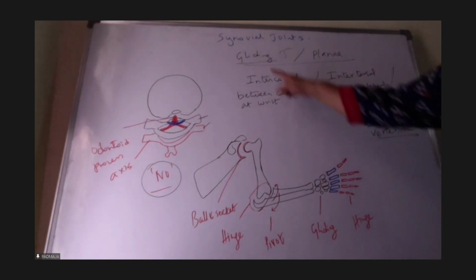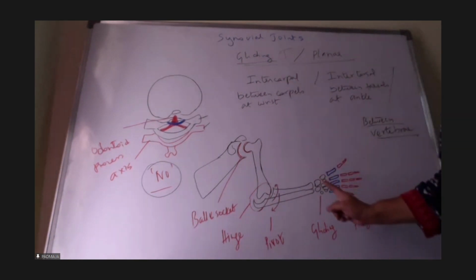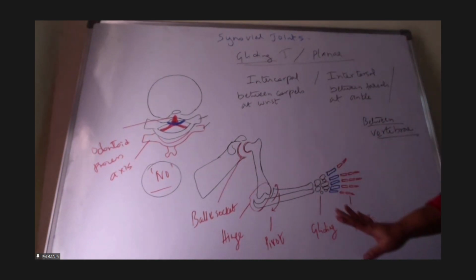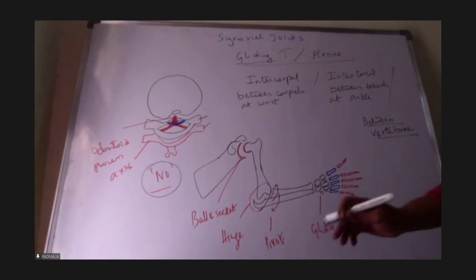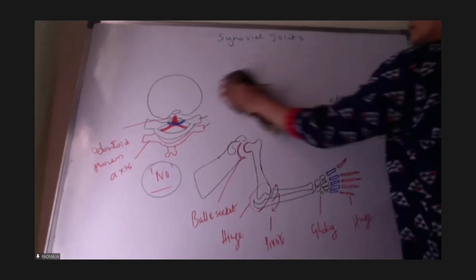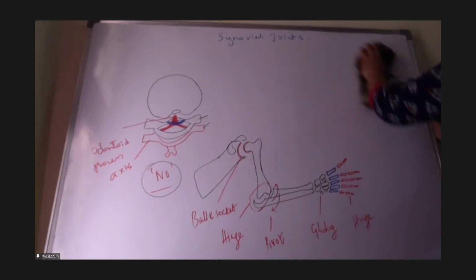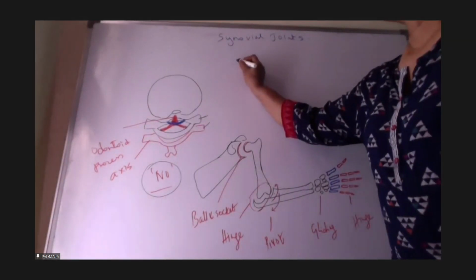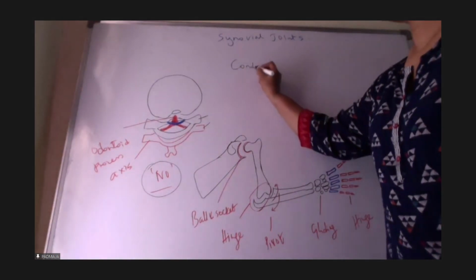So what are the new ones? Here we have already done intercarpal gliding. Two more things we can learn here itself. What are those? Now put the next heading: condyloid joint.